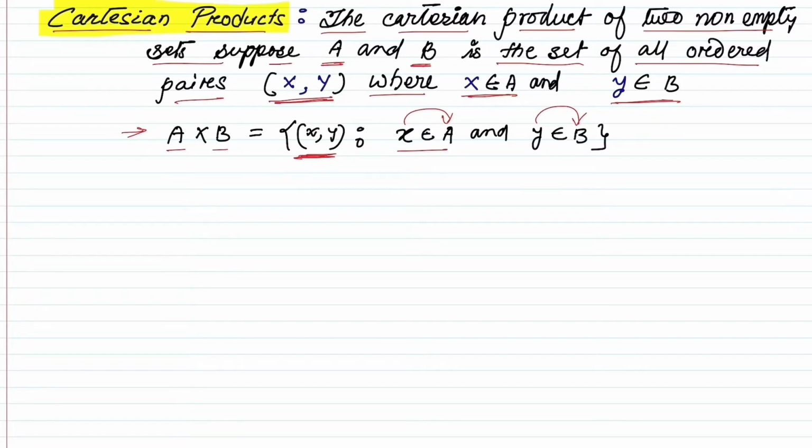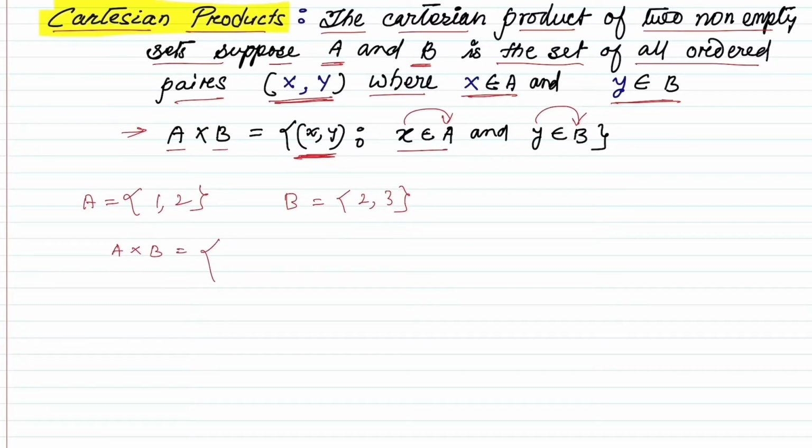Let me give you an example. Suppose set A contains 1 comma 2 and set B contains 2 comma 3. Then what will be the Cartesian product A cross B? It's very simple.